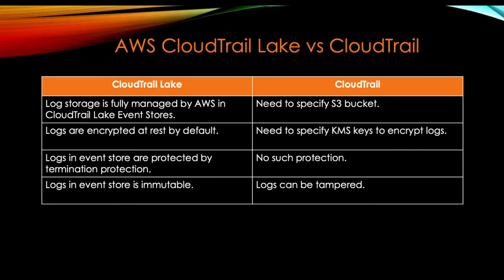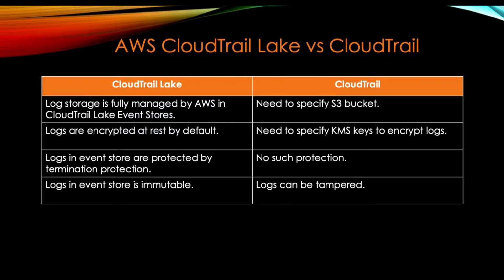Now, how does CloudTrail Lake look different from CloudTrail? You know that when you create a CloudTrail, you need to specify an S3 bucket, saying I want to store my whole data in this S3 bucket. But in CloudTrail Lake, you don't need to specify any S3 bucket. The whole log storage is fully managed by AWS.